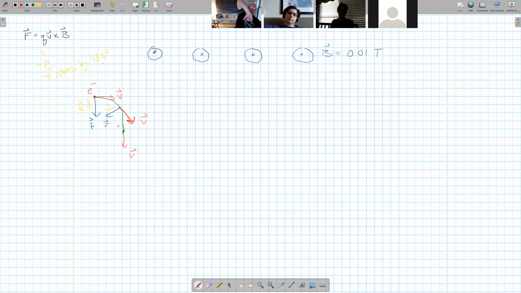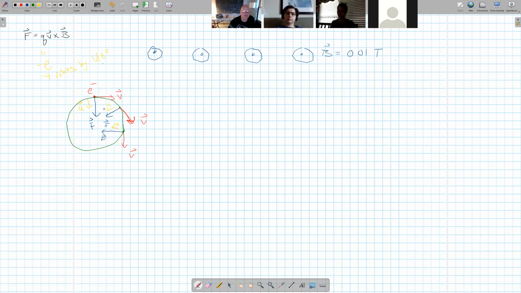Curl in this direction, our thumb would then point here, but that negative sign means we have to rotate 180 degrees, which means it points towards the center. So it means at this point, our force is going to point this way, which means our acceleration then would point this direction. Right? If we keep this up, what we're going to notice is that the path that this electron is going to follow is actually going to be a circle.